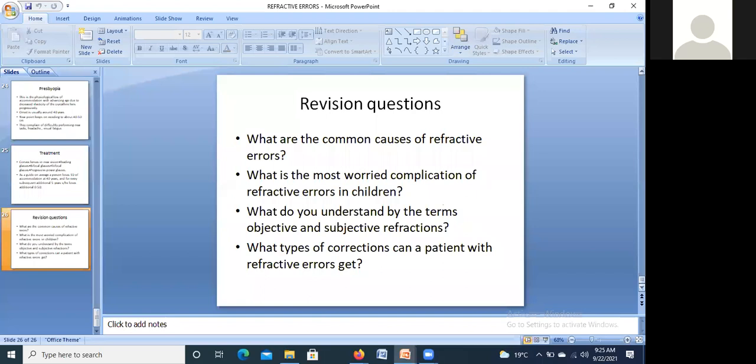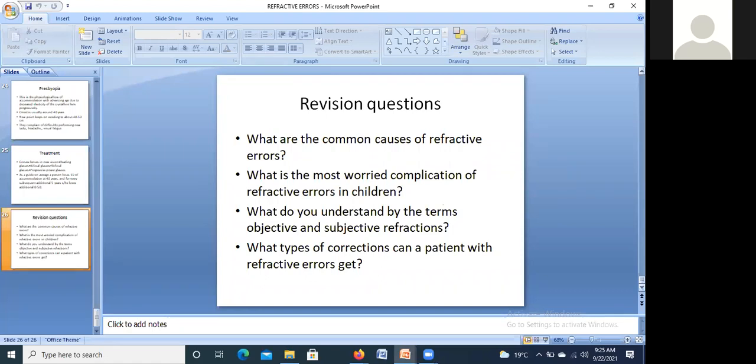The other lenses we are talking about, we call them spheres. In a spherical lens, the power of the lens is uniformly distributed across the whole surface of the lens. That's what we call spherical lenses, which can be spherical minus or spherical plus, that is spherical concave, spherical convex.